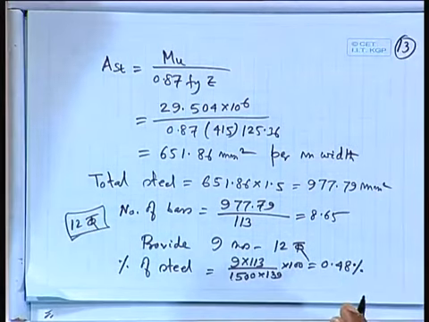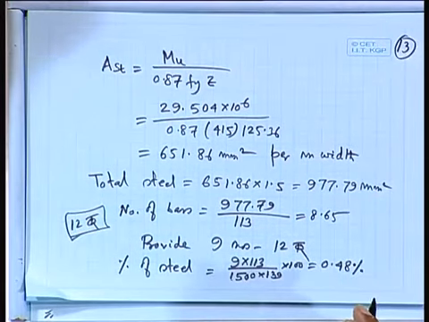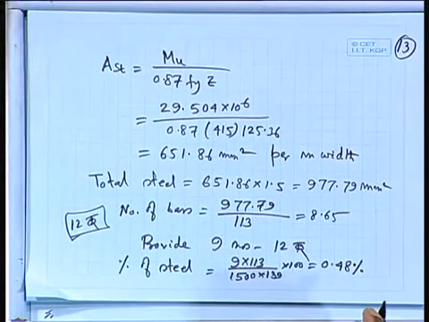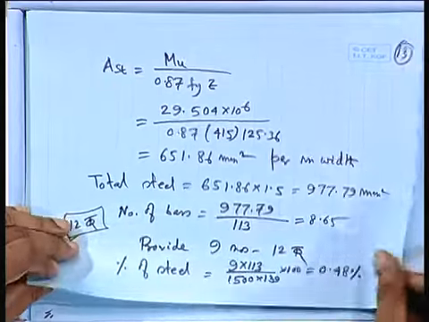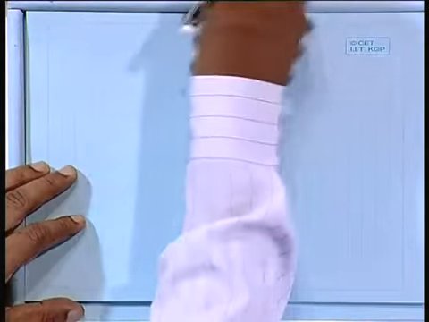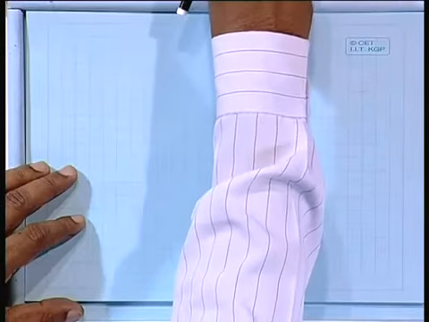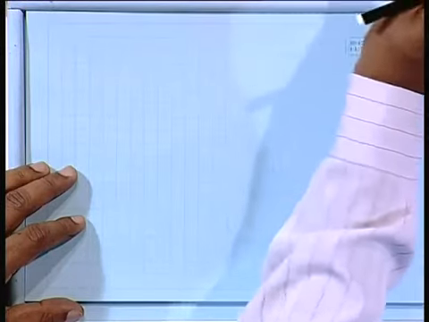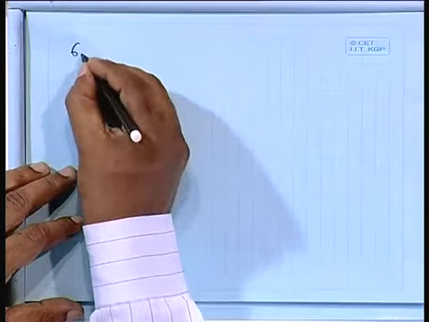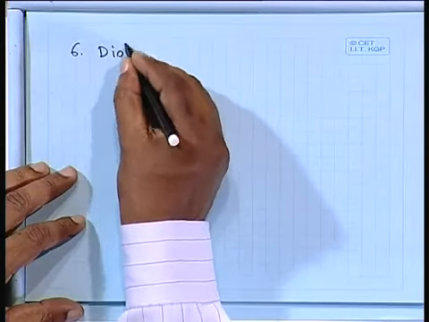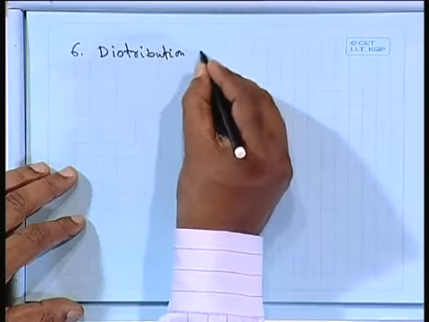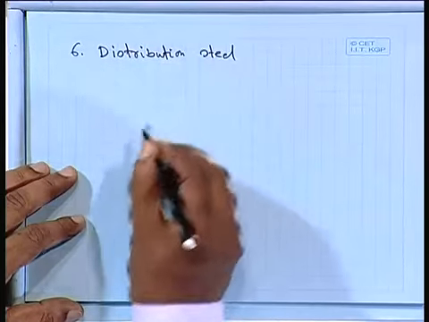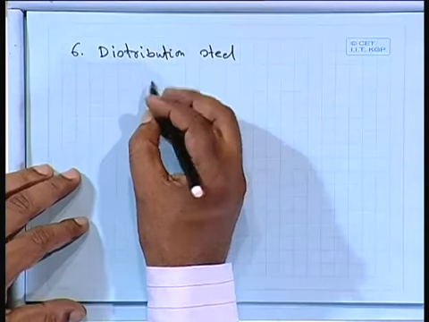So we know the steel and we also know the effective depth. Now we have to provide the distribution steel. So distribution steel will be equal to 0.12%.